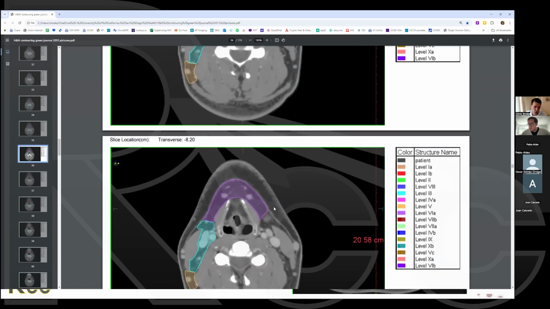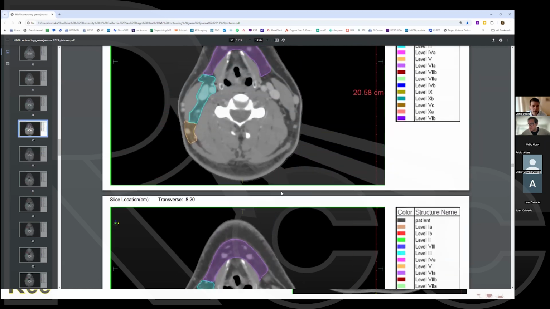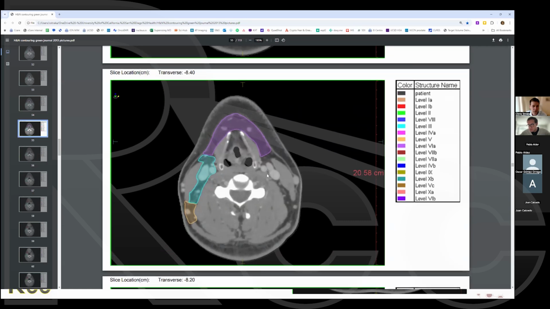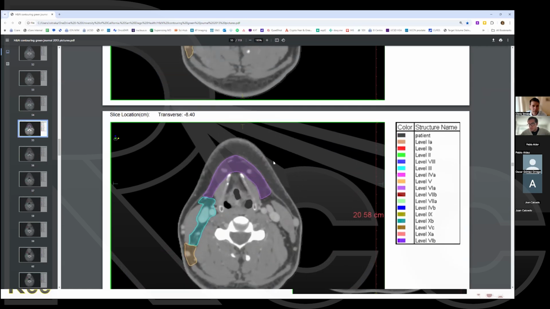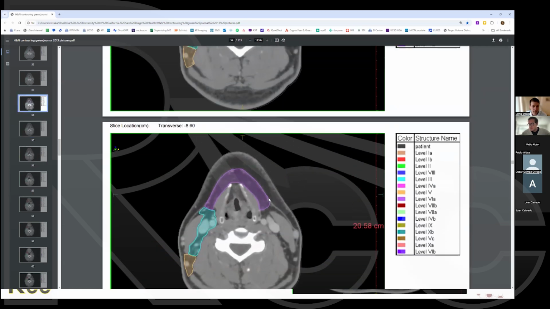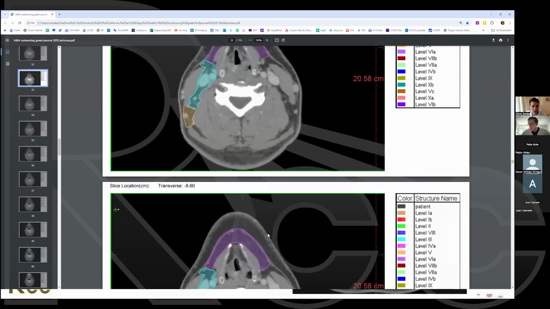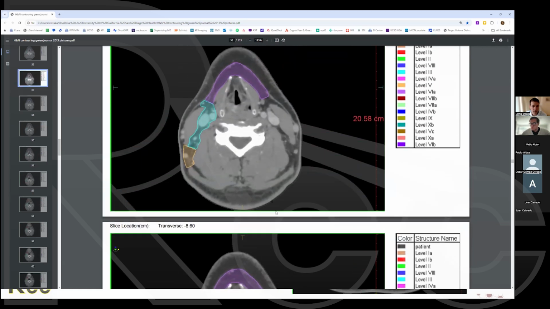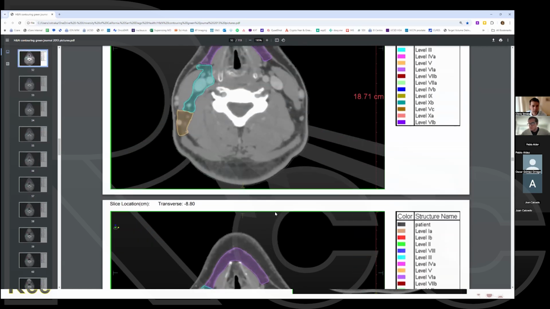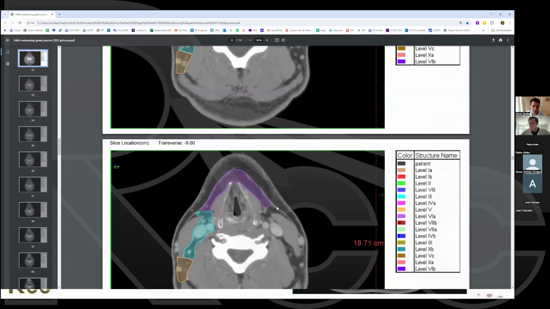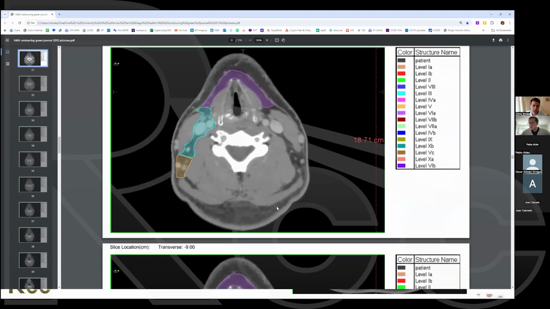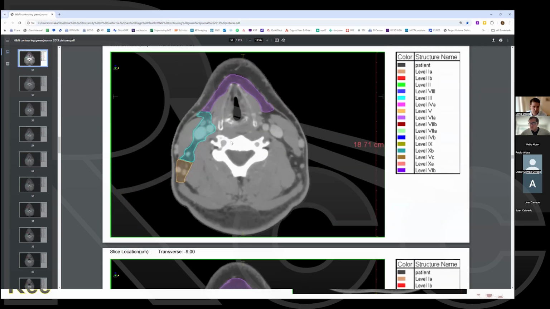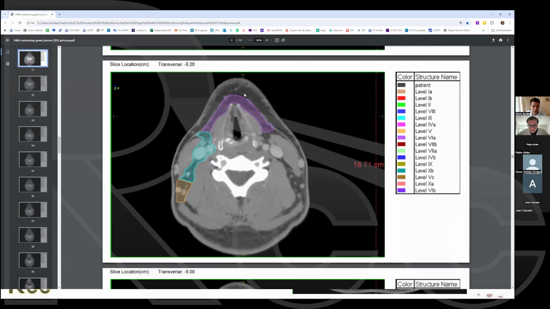You technically could have put a level 1B there, but then that disappears, and it's basically a band. The formal definition of level 6A goes out to the skin, but you can see here they're staying inside the platysma muscle, which I think is reasonable at this higher level. As we keep going down, it depends on the patient. Often our patients have much less fat than this patient does, so there's not such a big area between the platysma and the skin.